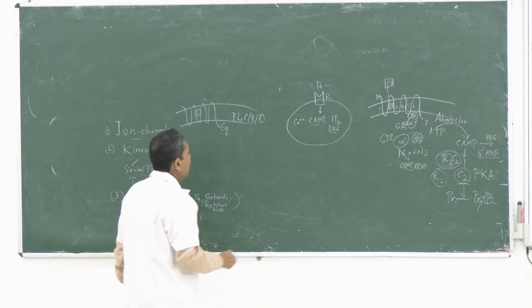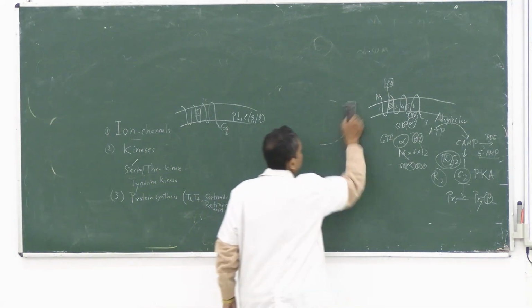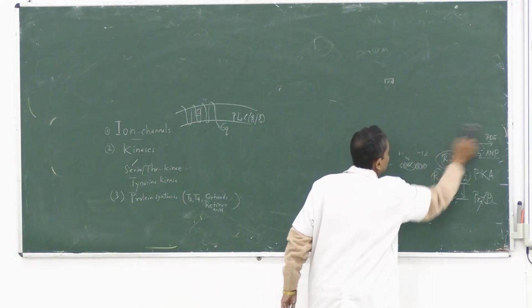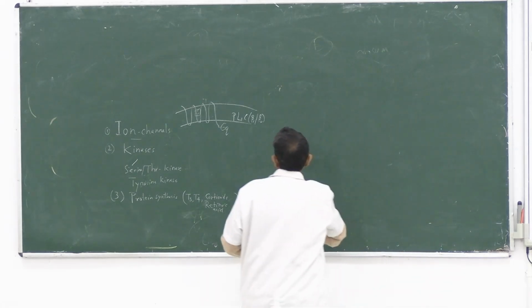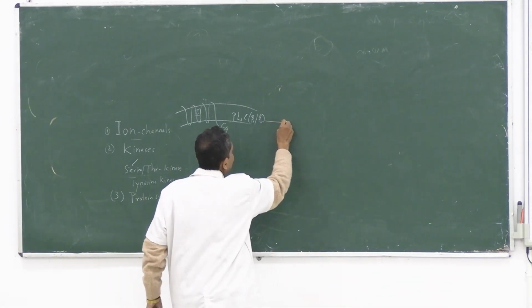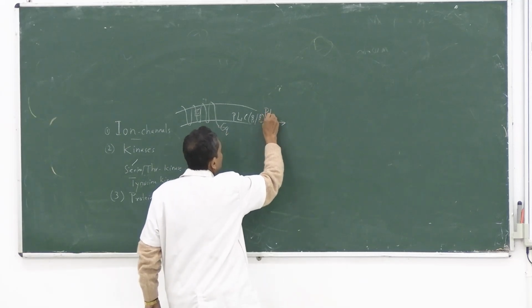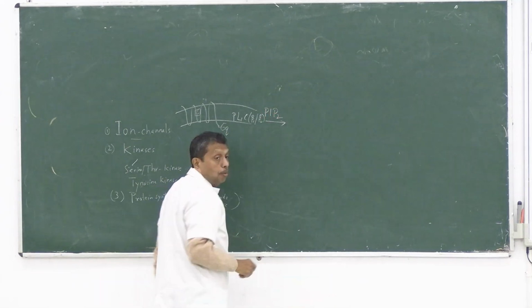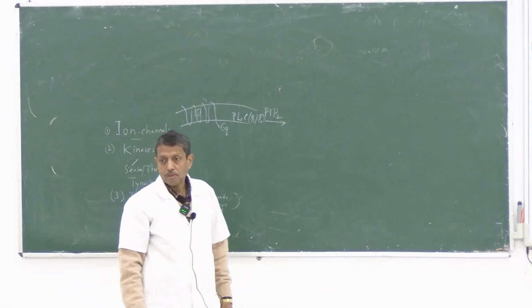Phospholipase C is in the inner lamella, and it will act upon PIP2, phosphatidylinositol 4,5-bisphosphate.